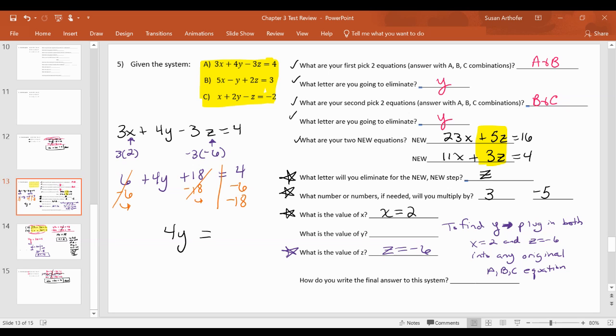So that's a -20. So 4 minus 6 is -2, minus 18 more is -20. If you divide through by that 4, your y is worth -5. So we'll get our last answer.